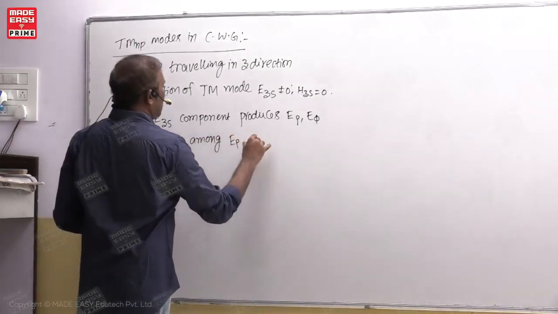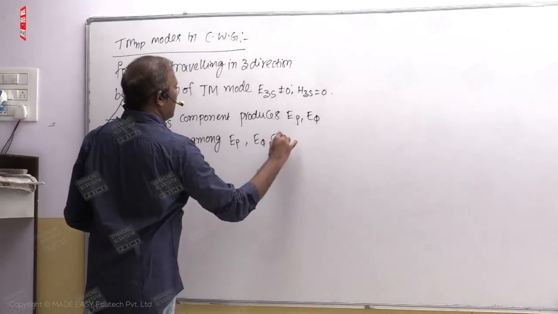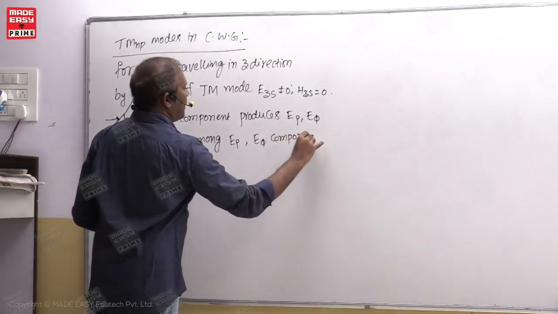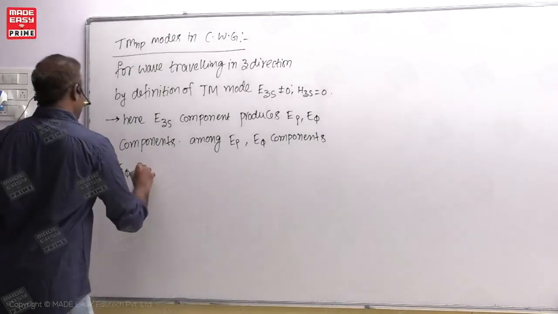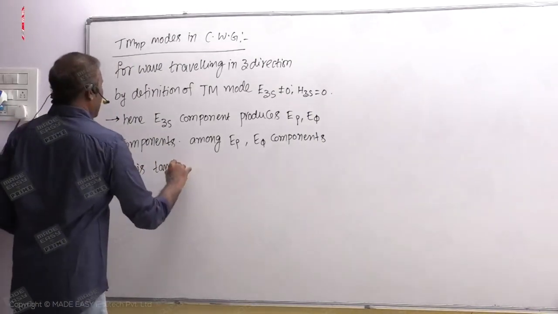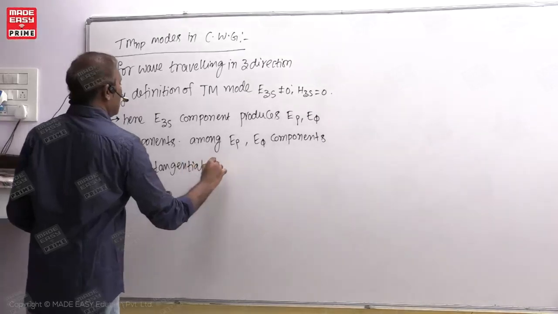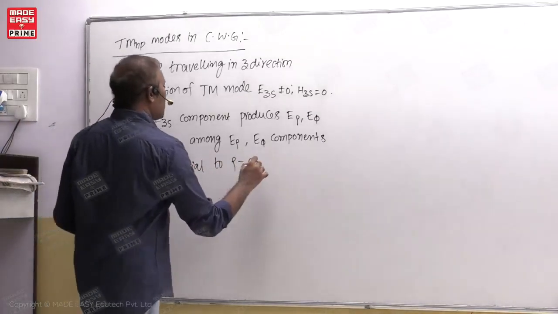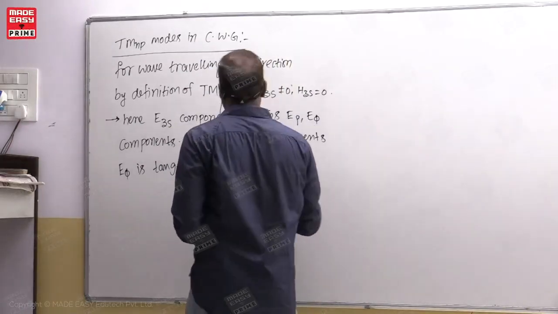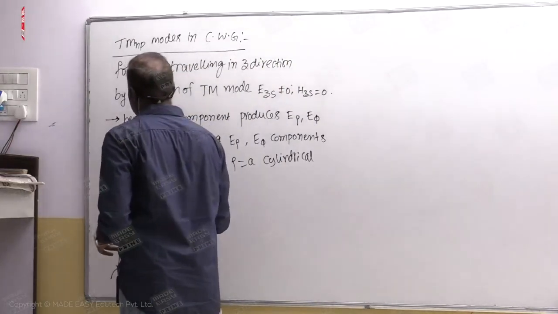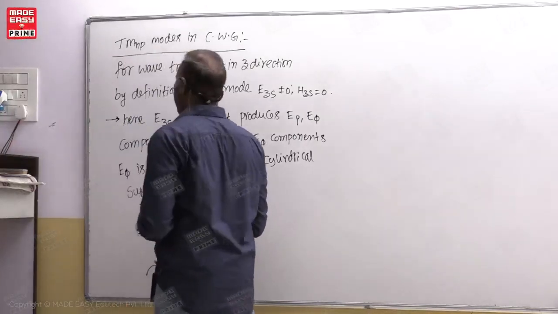Among e rho, e phi components, e phi is tangential to rho is equal to a cylindrical surface. Okay, next.